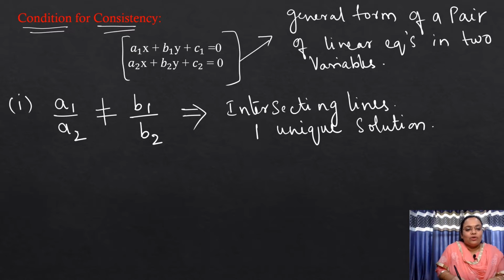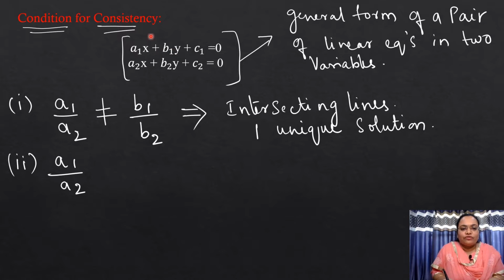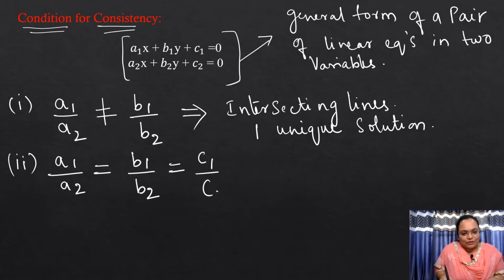Okay. So the second condition is ratios of x coefficient and ratios of y coefficient and ratios of constant terms are equal. Okay. So a1 by a2 is equals to b1 by b2 is equals to c1 by c2. So this is the second condition. So this will be for the coincident lines.